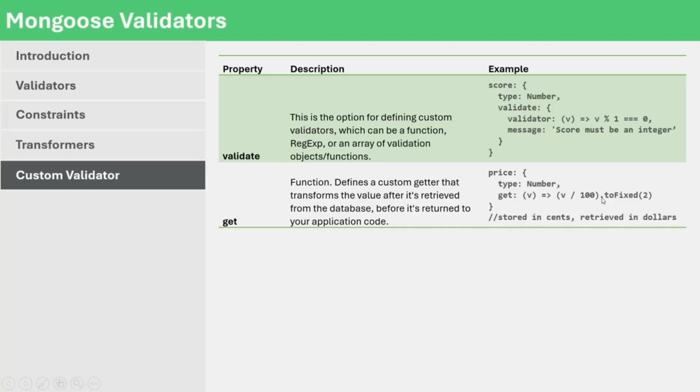And then in there, we are also using toFixed to show only two digits after the decimal. And whatever value will be returned by this expression, that value will be used for this price field in the code. So you might want to use this get option for some of your fields when you want to transform the data before using it in your code.